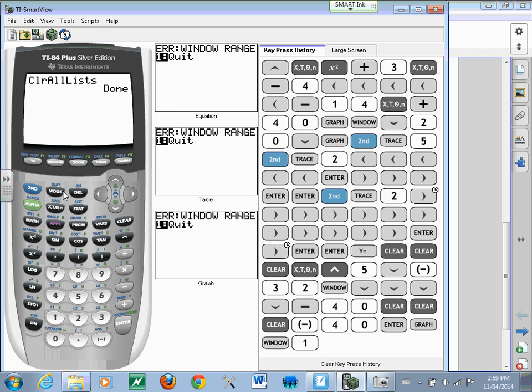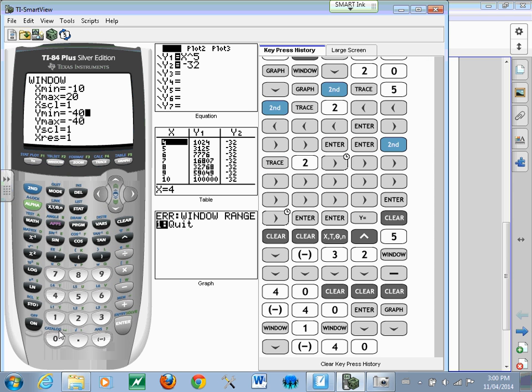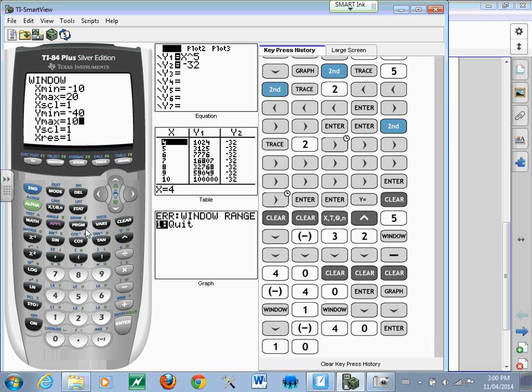My fault. Sorry, guys. I put it under my max instead of my min. So let me fix this up. My minimum is going to be negative 40. That's the one I meant to do. And then we're going to make this, doesn't matter, it can be 10. Okay, so let's graph that up. Again, my apologies for that, guys.